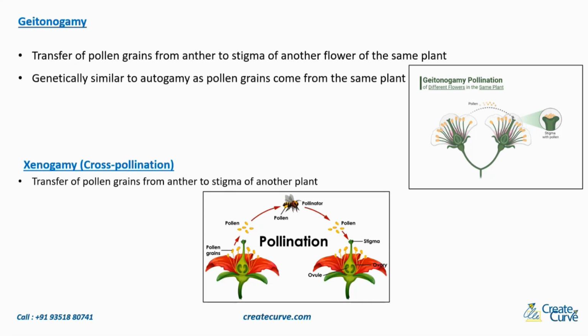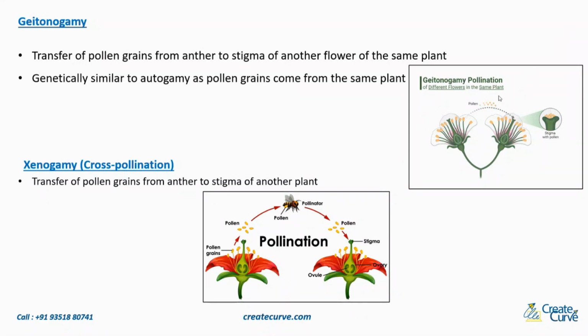Now, xenogamy is cross-pollination, where you have the transfer of pollen grains from anther to stigma of another plant. Remember, another plant, but Suvita, do you remember what I told you here? It is of another plant, but it's of the same species. Yes, but it is of the same species.